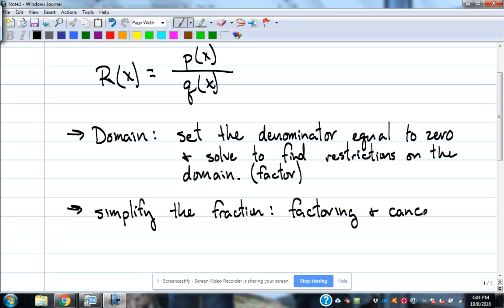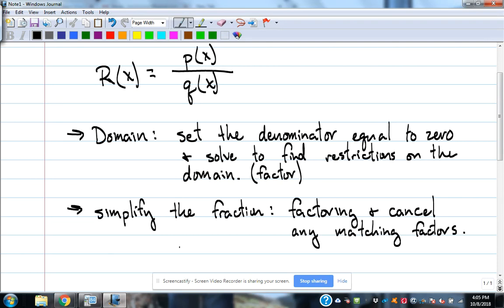And you're going to cancel any matching factors. Okay, so factor, then cancel any of the matching factors. So if you had an x plus 3 on the top and an x plus 3 on the bottom, you would cancel those out.